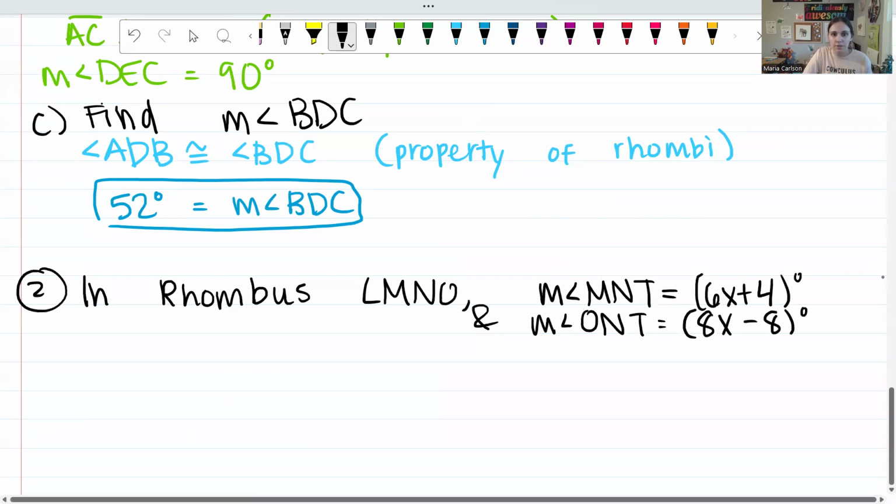Find the measure of angle OLM. And of course, we need our diagram for this.